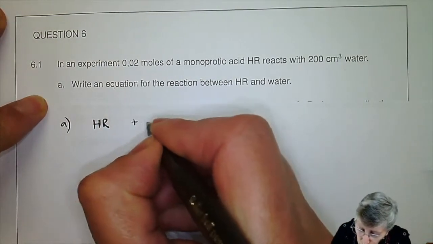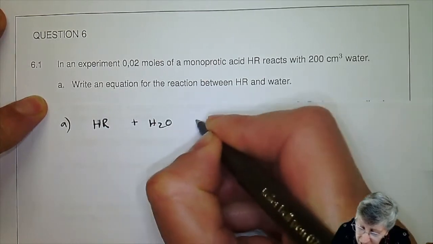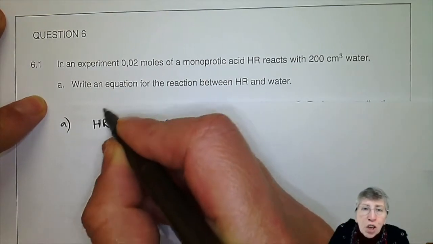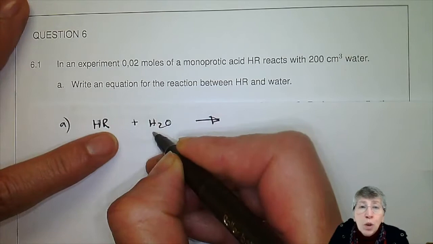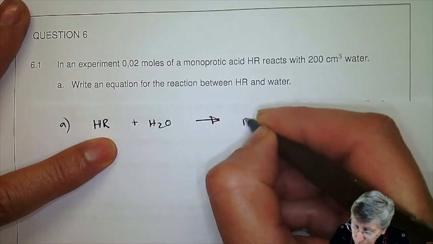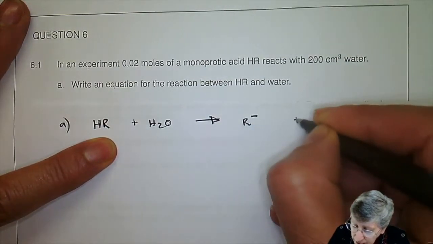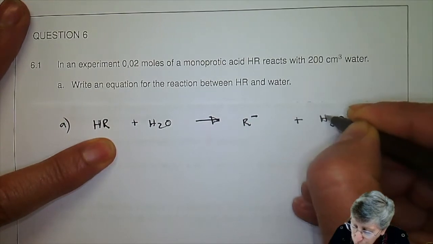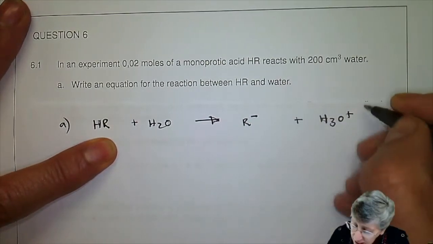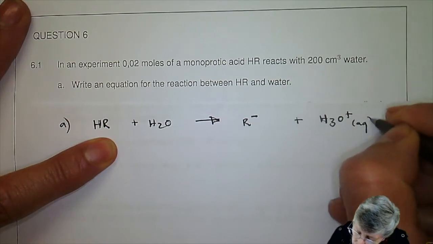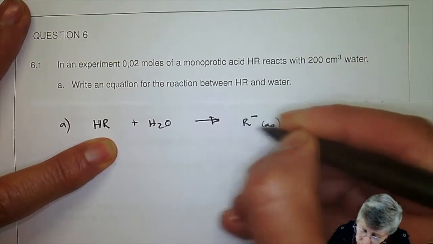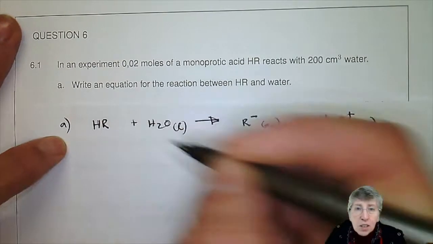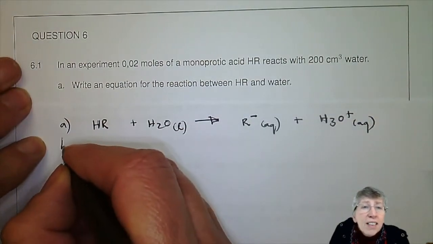So we need water in our equation, and it ionizes by being a proton donor. So an H plus will be given off, and that means that will end up as R minus, and the water gaining that H plus is now H3O plus. You get the hydronium ion there, and that one will be in solution, that one will be in solution, this one is a liquid, and this one I don't know. Right, they didn't tell me.